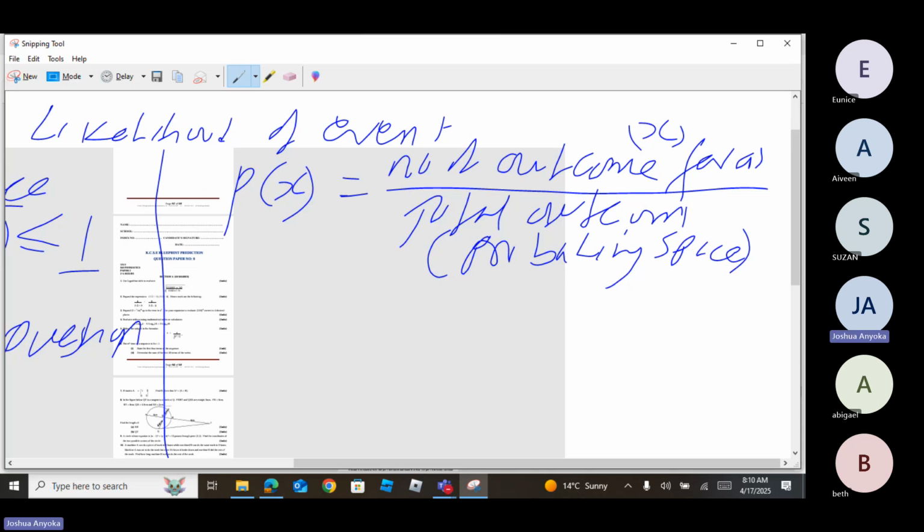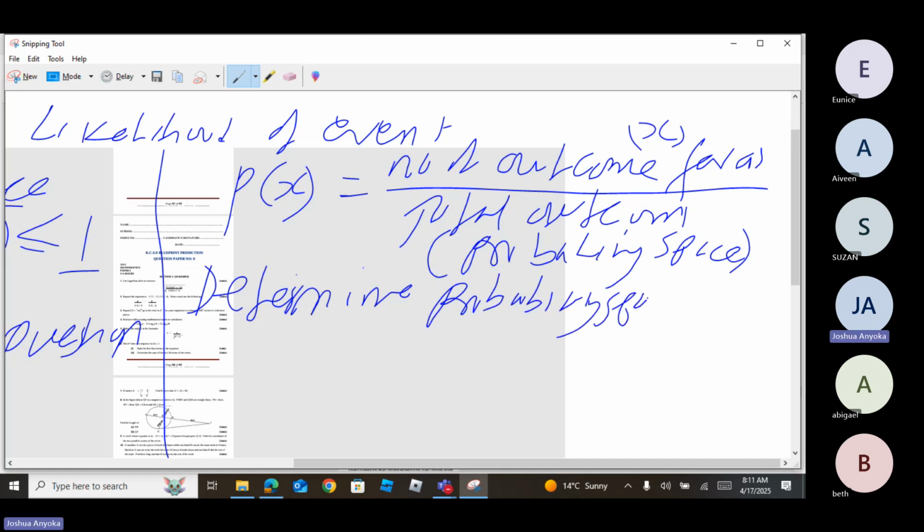Then after knowing how to work out probability, we are supposed to know how to determine the probability space. How do you determine probability space?